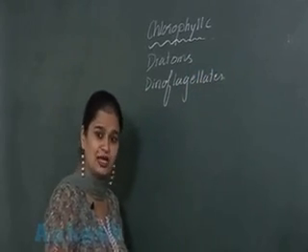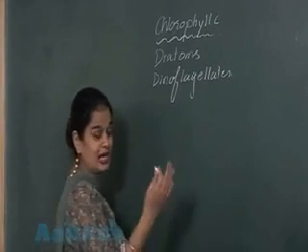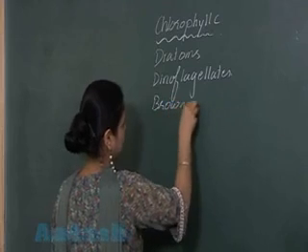Diatoms and dinoflagellates are photosynthetic protists, and among the algae, chlorophyll C is present in brown alga.